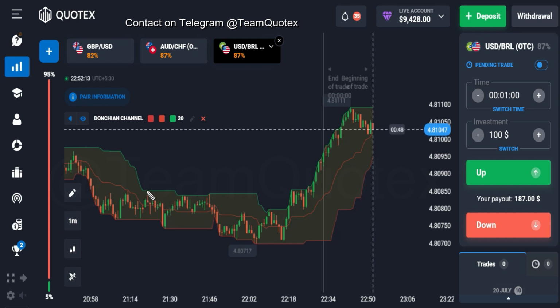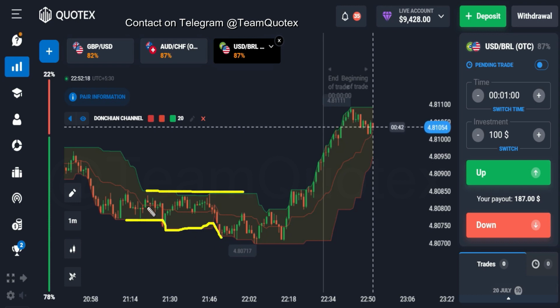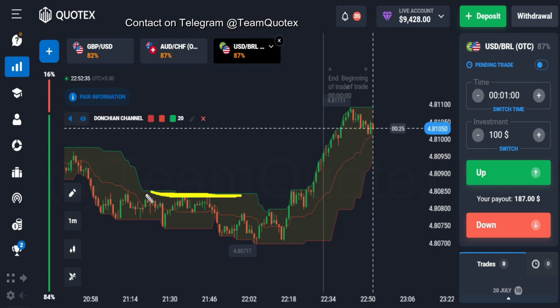So guys, we can see there is a green line and there is a red line, and you can see all the movements of the price are only in between these green and red lines. That means this green and red line are creating a channel of the price. The upper line is helping us to identify the highest point of the price, and the lower line, this red line, is helping us to identify the lowest price of the market on a specific time period.